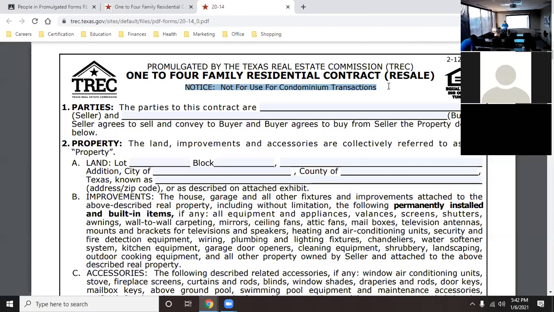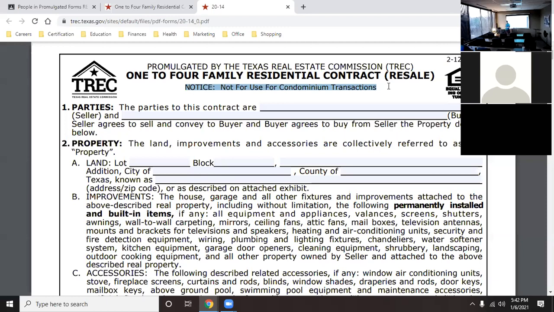Well, the problem is that I filled this entire form out, and remember it's 9 to 10 pages. I completed 9 to 10 pages, and I wasted my entire time because this form is only utilized for a residential house, not a condominium.